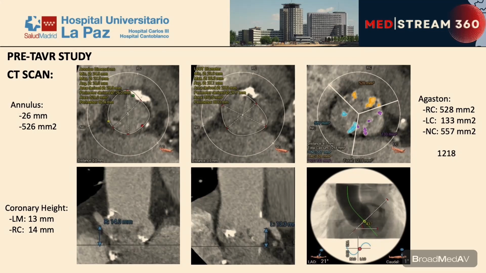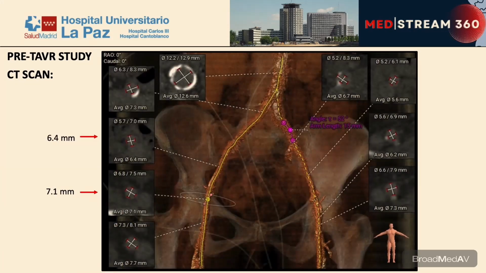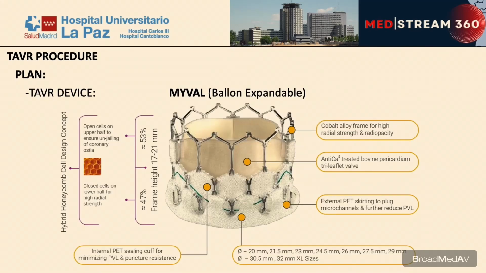We don't have much calcification according to the Agatston score, and we don't have a problem with the height of the coronary ostia. This is the scan of the femoral artery, and we have a good diameter, 7 millimeters in the common femoral artery.